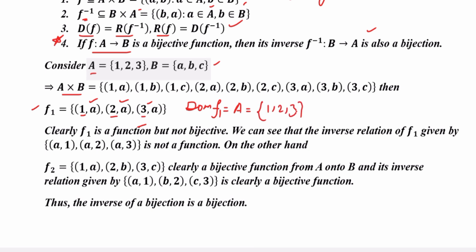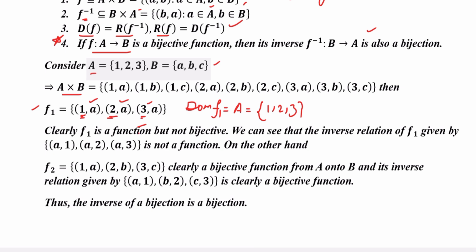So the domain of F1 is equal to A. The second condition for a function is that there should be no repetition in the first element of every ordered pair. So you can see here there is no repetition in the first element of each ordered pair. This is 1, this is 2, and this is 3.